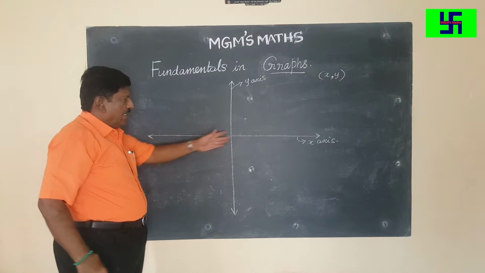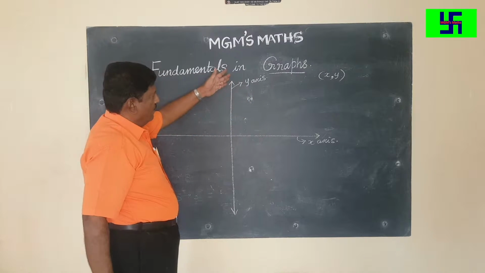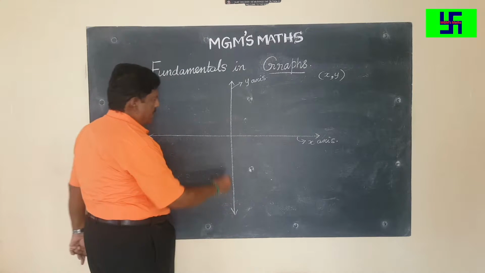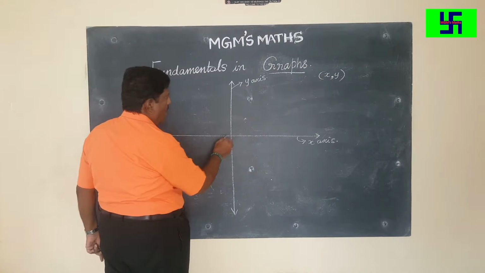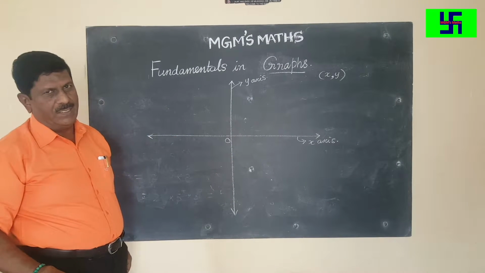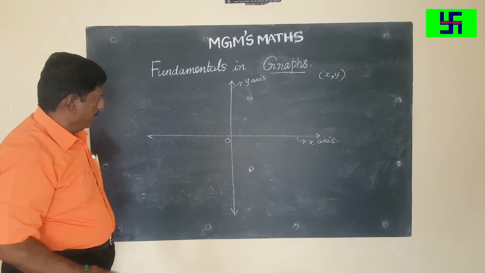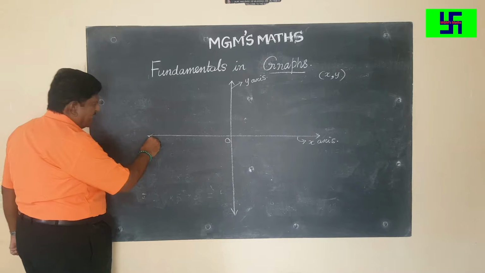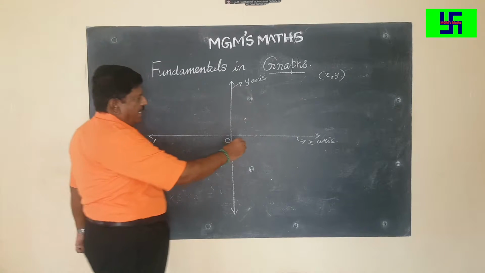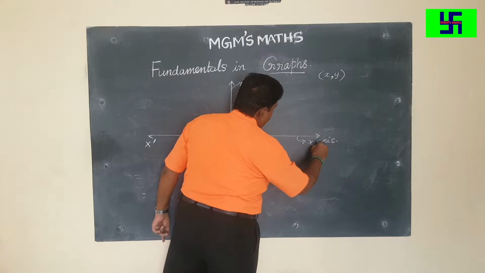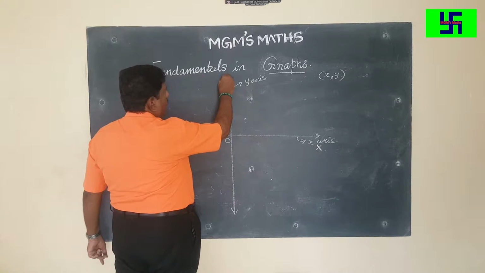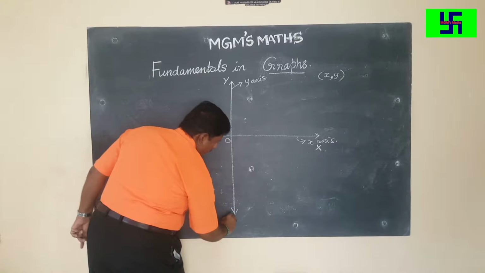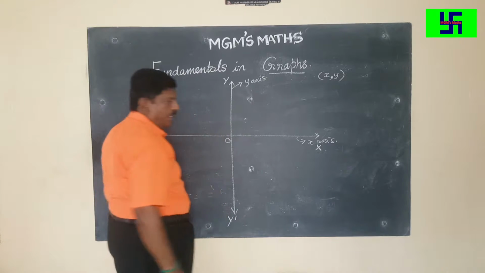The horizontal line x-axis and the vertical line y-axis, they meet at the origin at O. The left hand side of the x-axis we mark as x dash and the right hand side we mark as x. On the top we write y and at the bottom we write y dash.